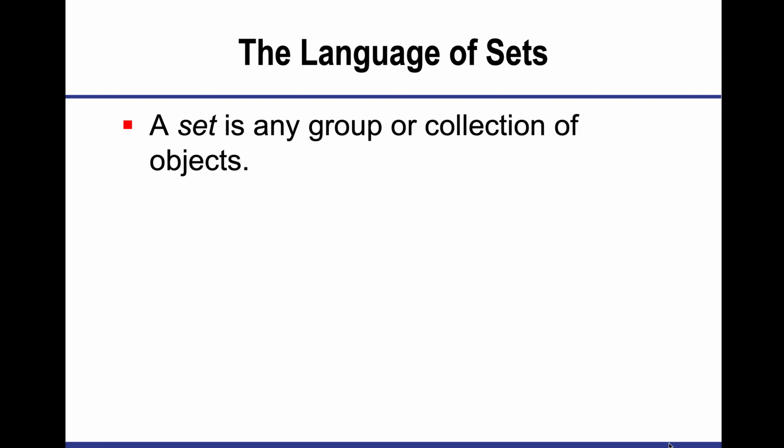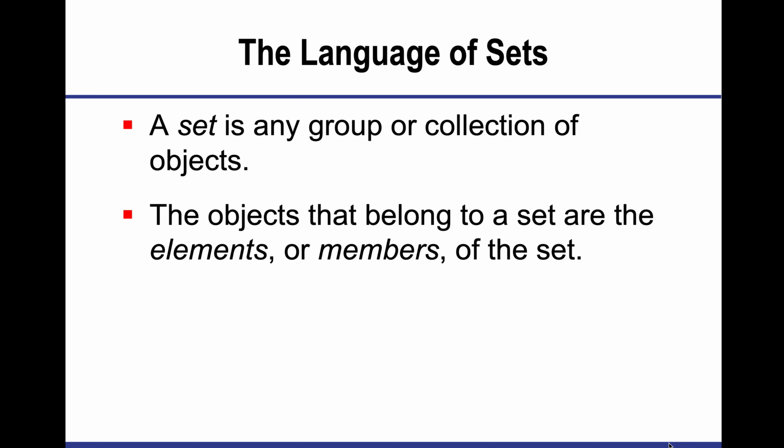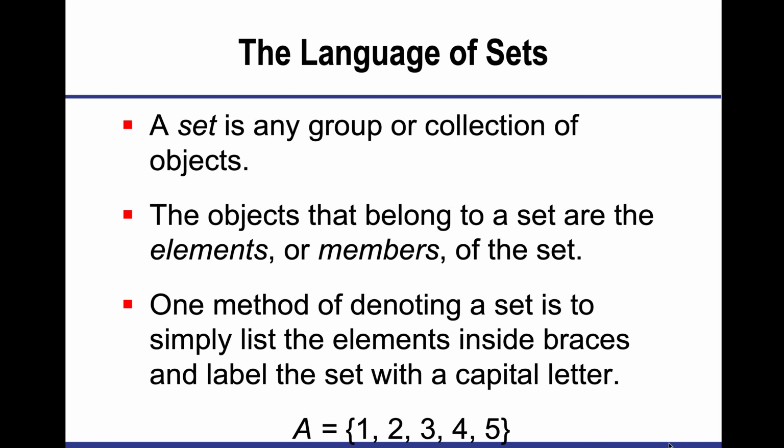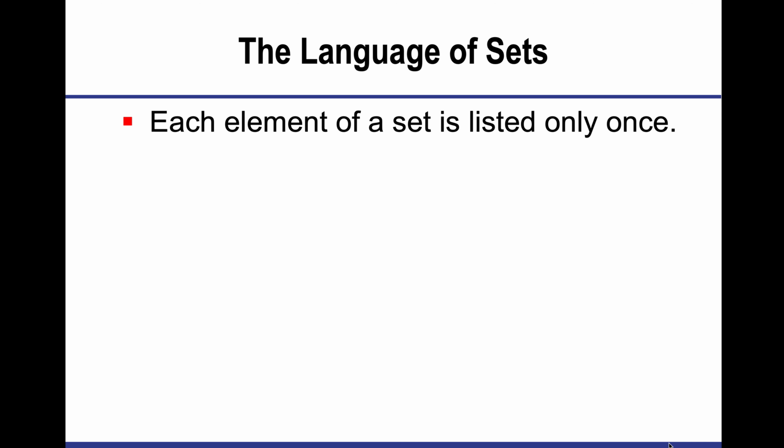We're going to define a set as any group or collection of objects, and the objects that belong inside of the set are called elements or members of the set. Those terms can be used interchangeably. One method of showing what's inside of a set would be to list them in braces and label them with a capital letter. Each element of a set is only listed once.